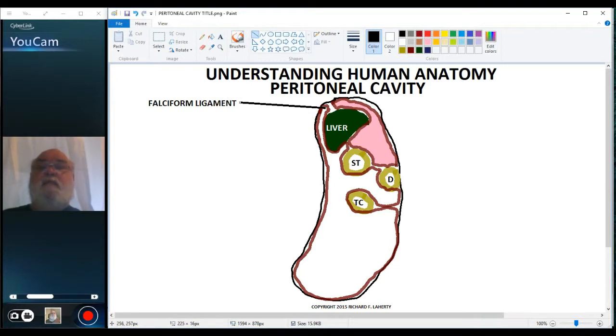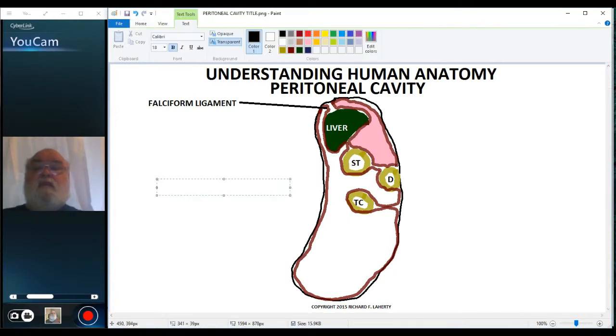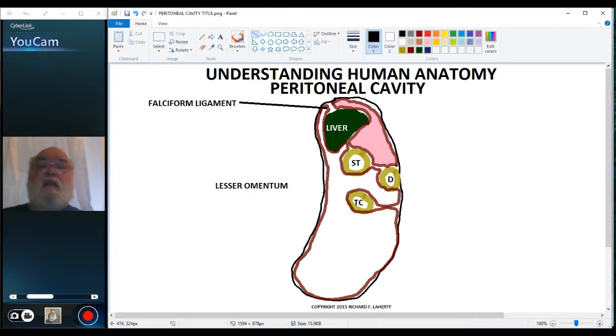Right here. The lesser omentum. That would be right here.